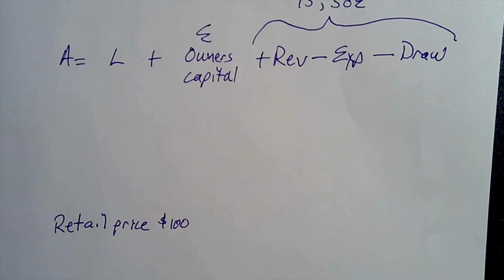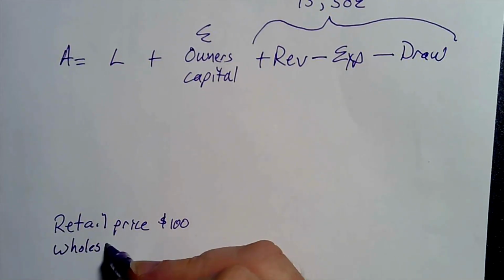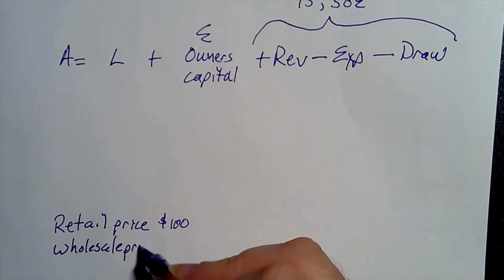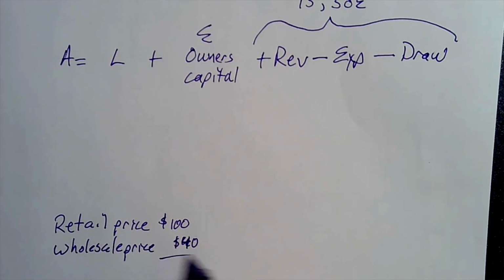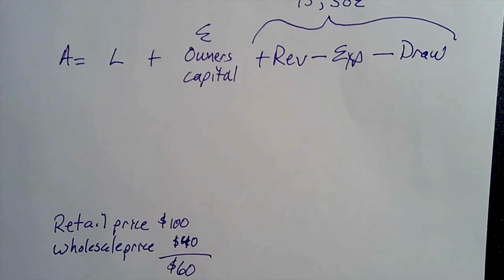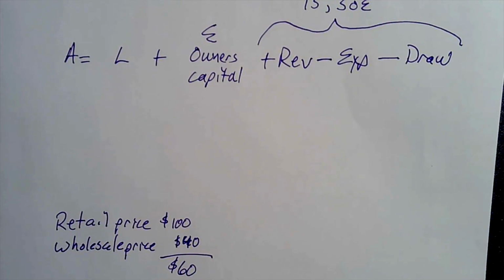In other words, how much was it sitting in our inventory for? Or we could say the wholesale price, right? What we bought it for. Let's say we bought it for $40. Well, what's our profit there? Our profit's going to be 60, isn't it? So when all is said and done, we want the accounting equation to not only balance, but also reflect this reality that there should be an increase in profit of $60. So let's go ahead and do that.